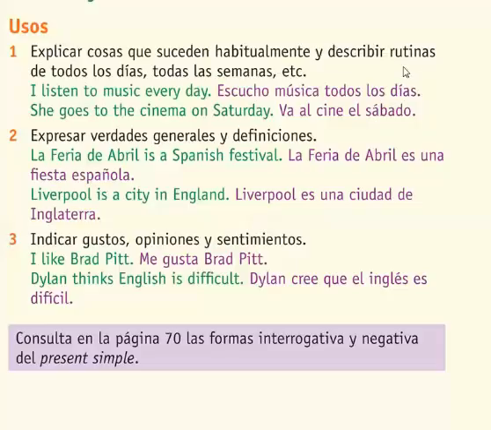For example, La Feria de Abril is a Spanish festival, or Liverpool is a city in England, which is a general truth. And finally, it is also used to express likes, opinions, and feelings. For example, I like Brad Pitt, or Dylan thinks English is difficult.